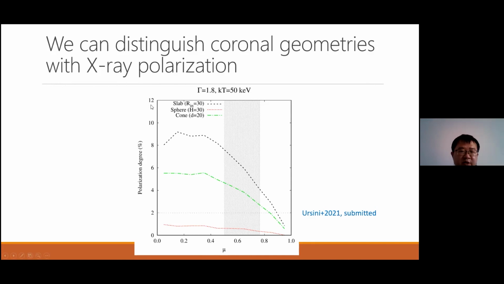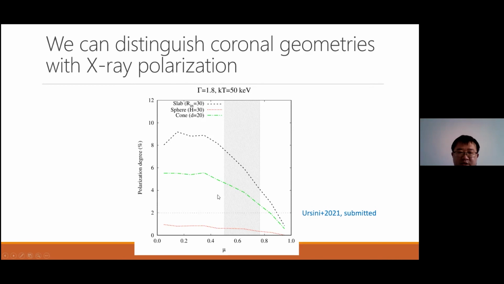And this figure shows clearly that the polarization degree is sensitive to the corona geometry. So again, it's the polarization degree in the 2 to 8 keV band as a function of the cosine of the inclination angle. The red one is the spherical corona, the dash-dotted line is the conical one, and the dashed line is the slab one.